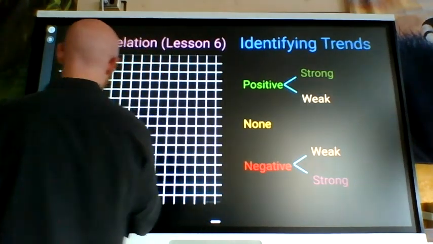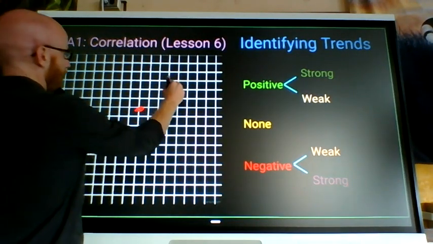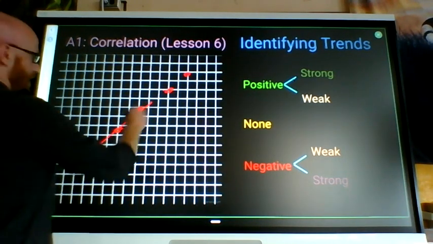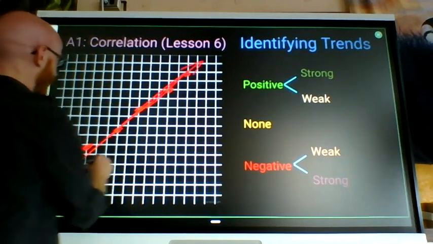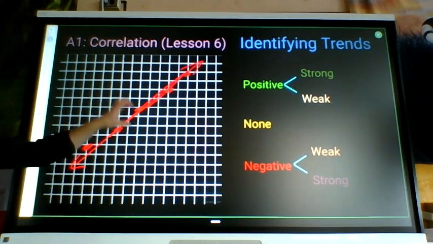All right? I could draw one line through these red points and it would hit or at least be very close to most of them. That is a strong positive correlation.